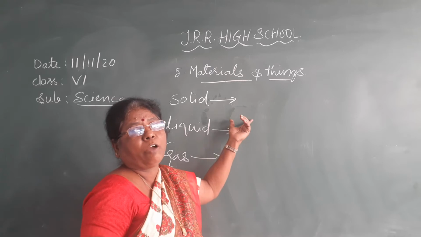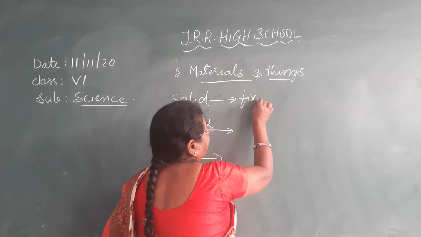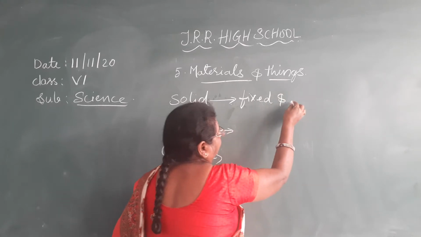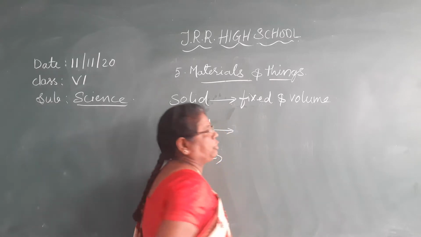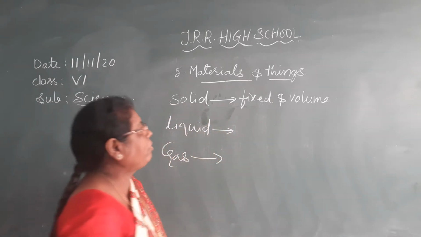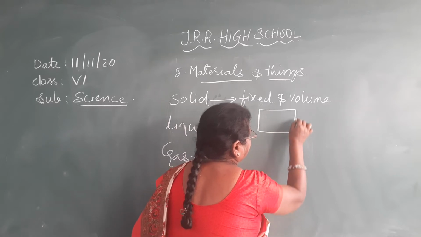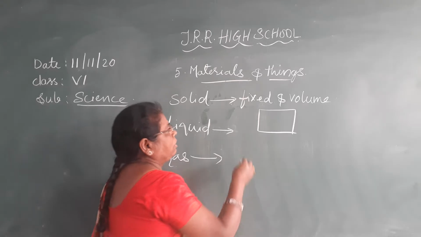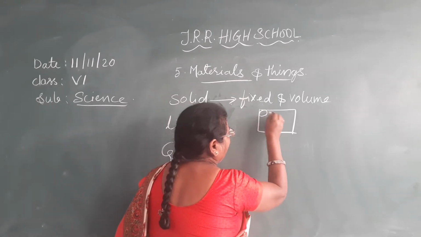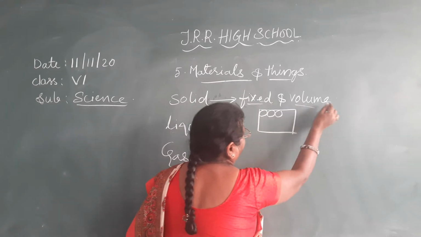Solids have fixed shape and volume. Now here, materials are made up of molecules, which occupy space. See how closely the molecules are packed. How can you say solids have fixed shape and volume?